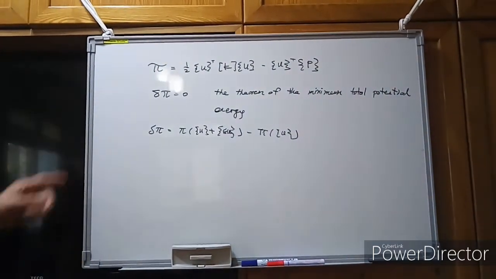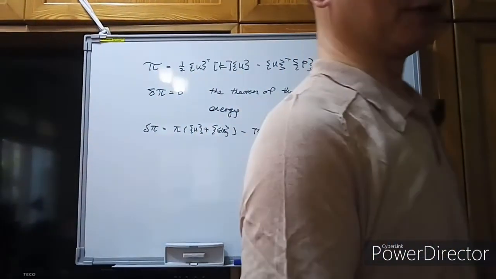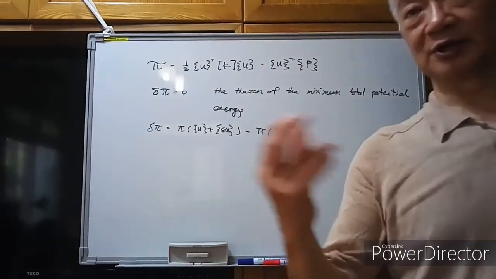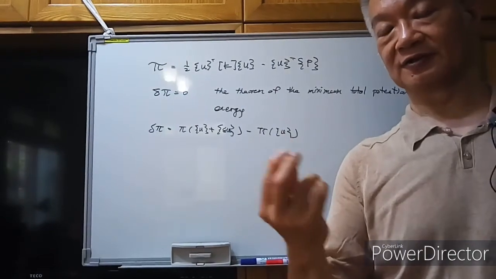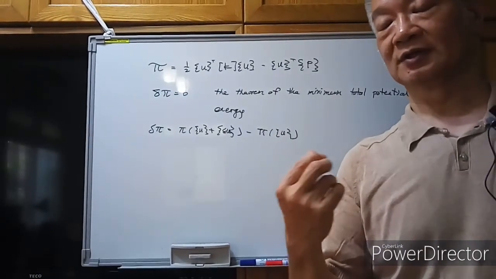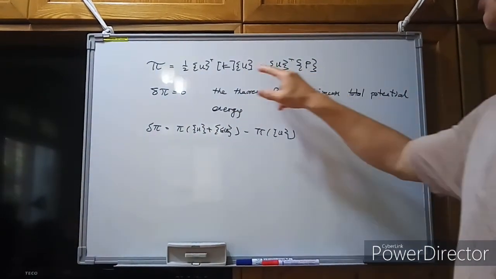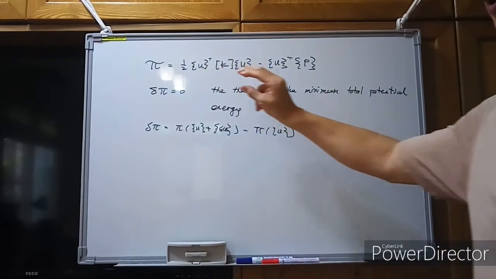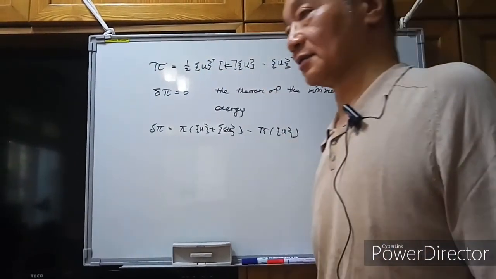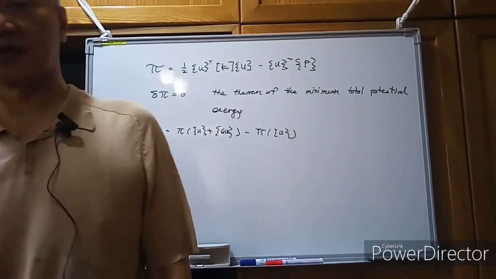So delta pi means that we will take a variation of the pi function. The variation means that we will vary anything which can be changed. In these derivations, the elements in the u vector are the unknown nodal displacements.